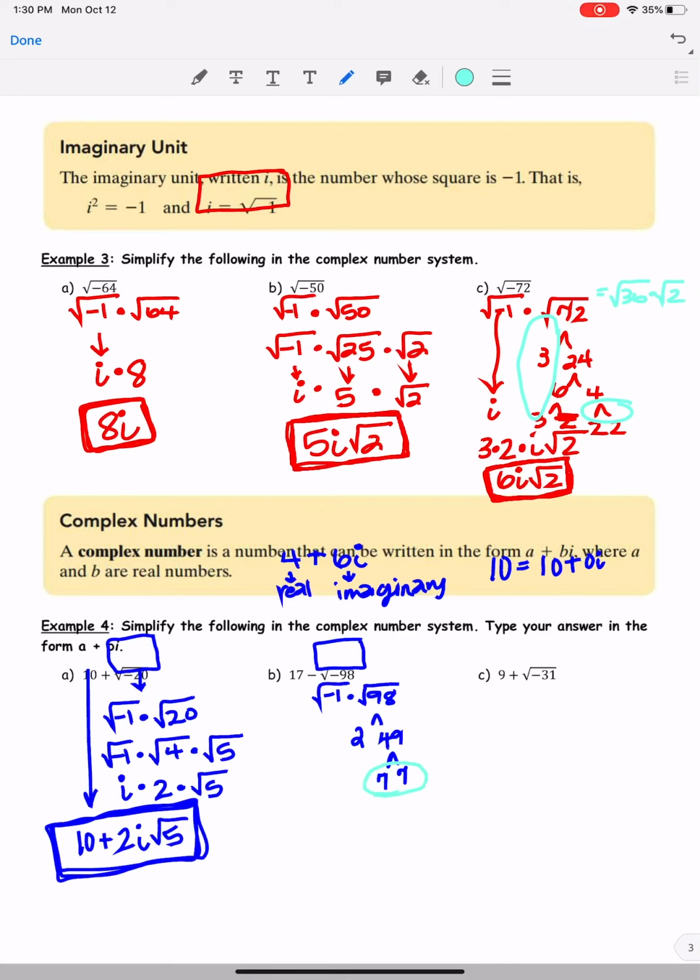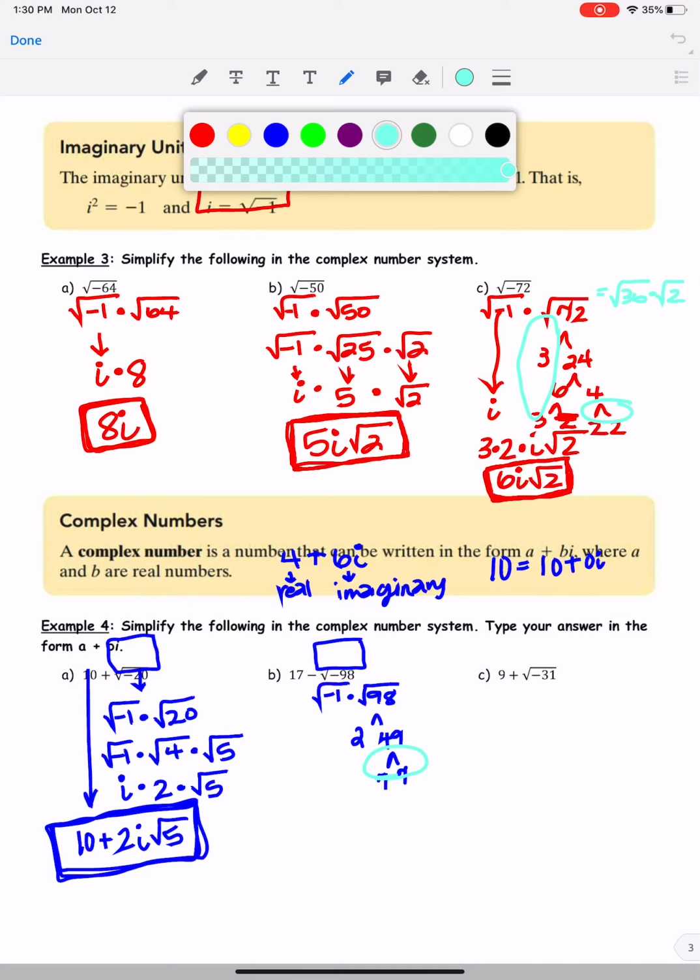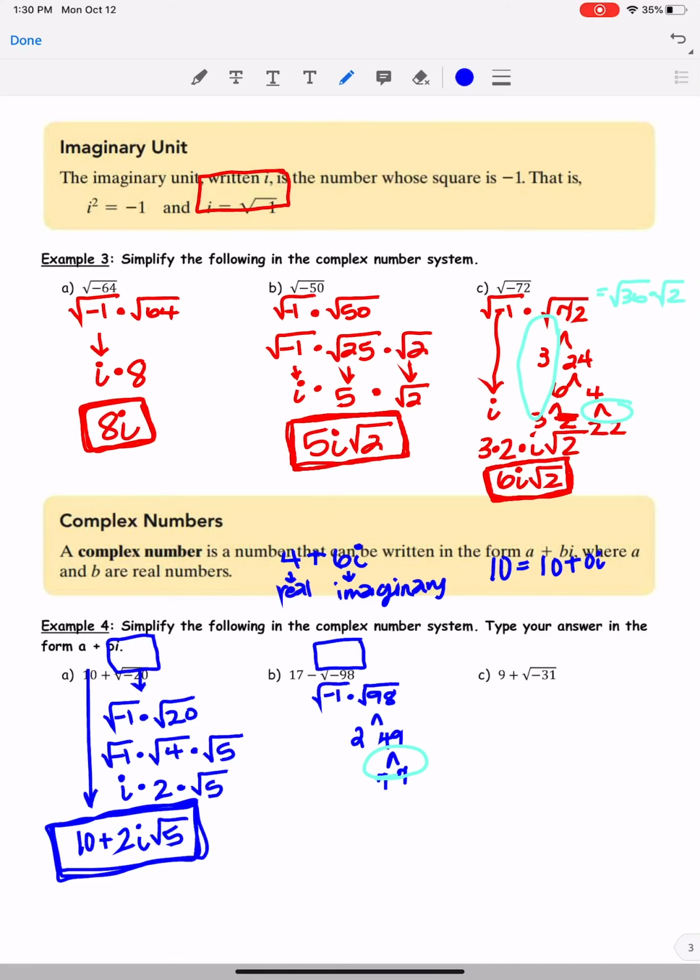So my pair comes out. So I've got 7, my square root of negative 1 is my i component. This 2 stays under the radical. And then bring down that 17 minus.